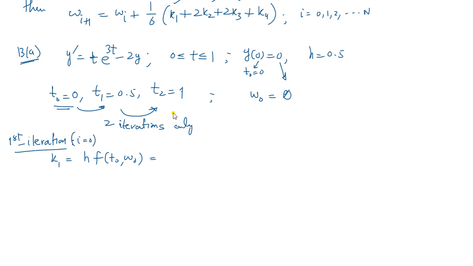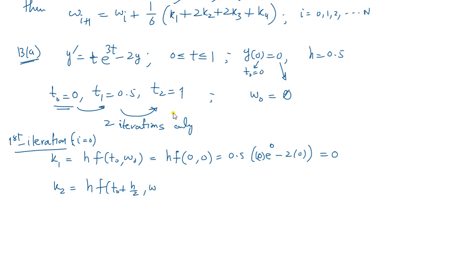So this means H F of T naught is 0 and W naught is also 0. So this will become H is 0.5. F 0, 0 is 0 e to the power 0 minus 2 into 0. So again this remains 0 because 0 into 1 is 0 minus 0. So this remains 0.